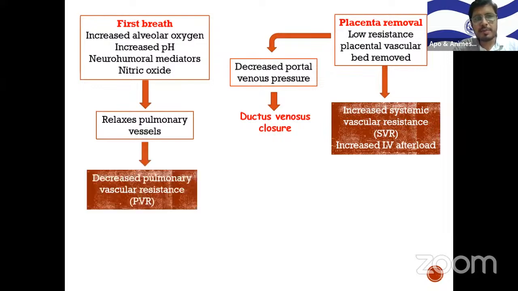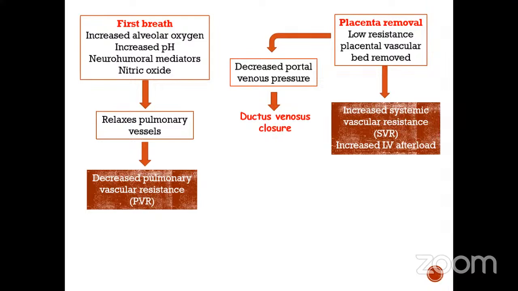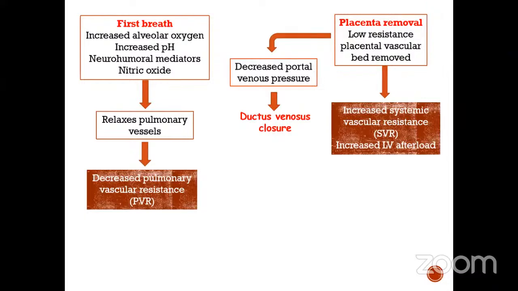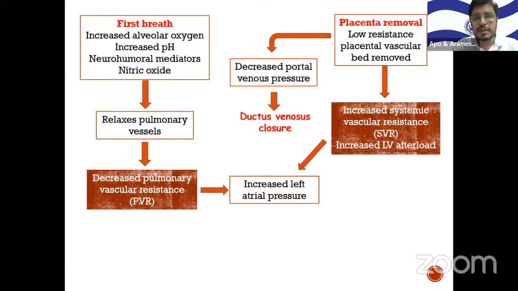This relaxation of the pulmonary vessels decreases the pulmonary vascular resistance, and this decrease in pulmonary vascular resistance and increase in systemic vascular resistance, both together, lead to an increase in the left atrial pressure.